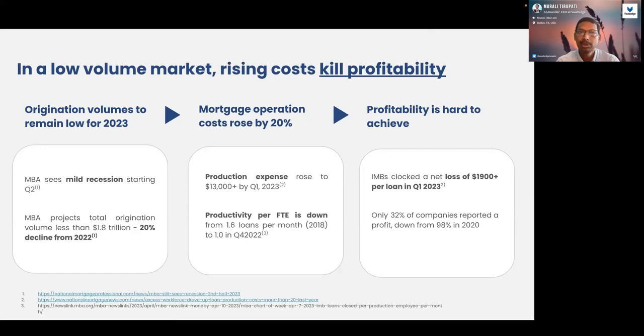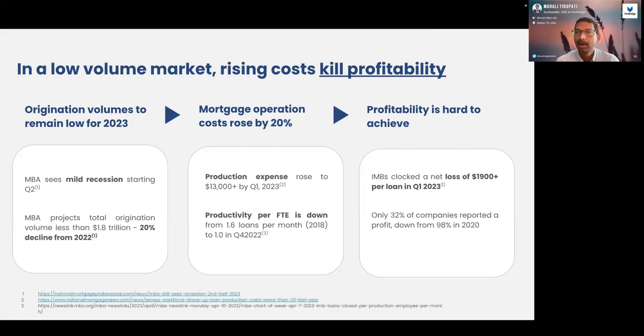And the productivity per FTE is down to just one loan per FTE per month compared to 1.6 loans back in 2018. So over 5 years, we actually dropped from 1.6 loans per FTE to one loan per FTE. And this increase in cost naturally is having a big impact on the overall profitability of mortgage companies.